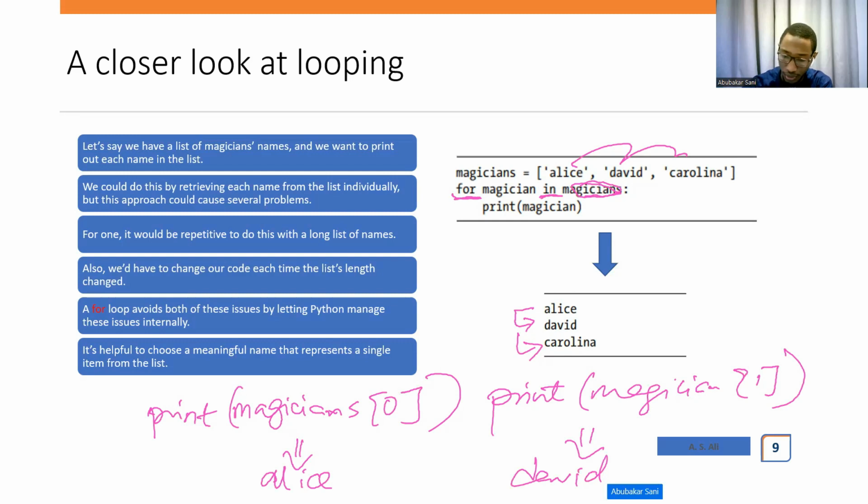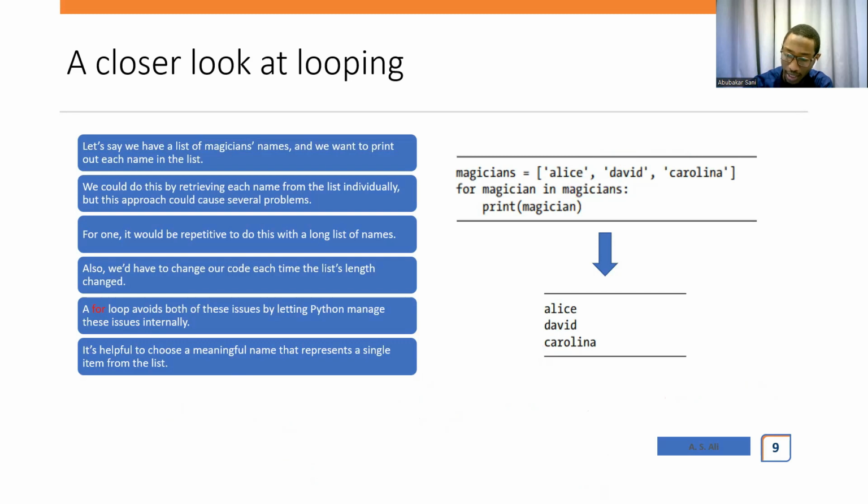As you can see, what happens if we have 100 magicians? We're going to be doing all these print statements 100 times. Isn't that repetitive? That's exactly what the for loop is trying to help us avoid. We want to avoid repeating ourselves multiple times.